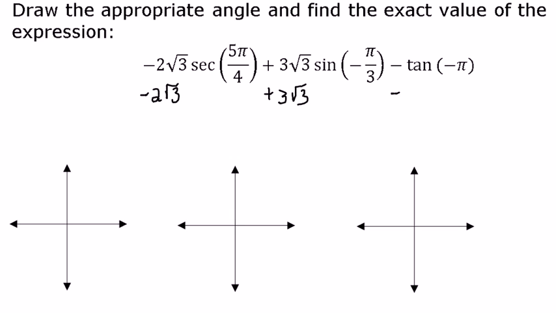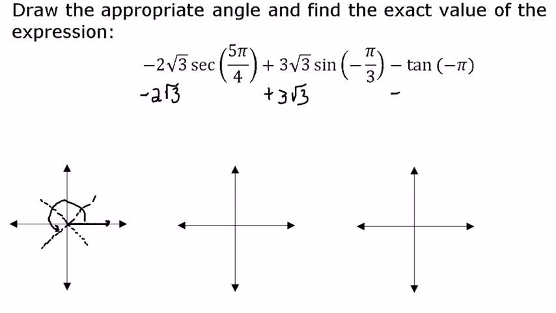We have the 5 pi over 4, so you can convert that to degrees if you want, or you can just slice your quadrants up into 8 pizza slices, and each slice is pi over 4. So we're going to go 5 pi over 4, so we're starting at our initial side and going 1, 2, 3, 4, 5.